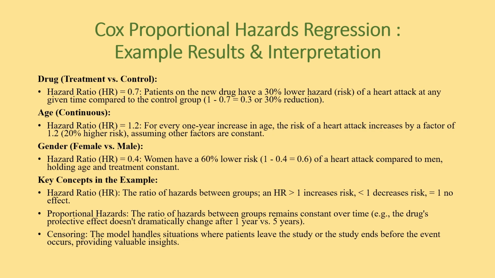Key concepts in the example. Hazard ratio: the ratio of hazards between groups. Greater than 1 increases risk, less than 1 decreases risk, 1 means no effect. Proportional hazards: the ratio of the hazards between groups remains constant over time.